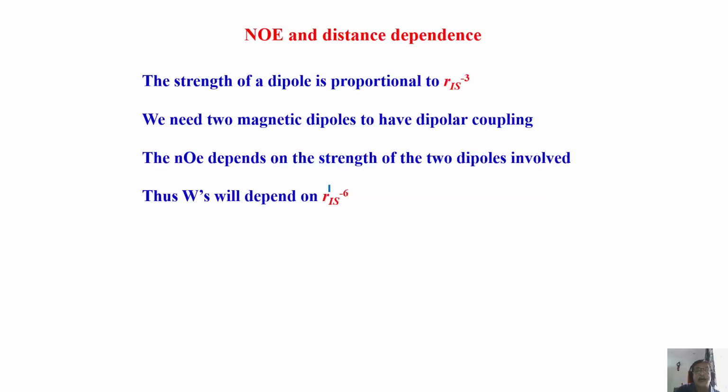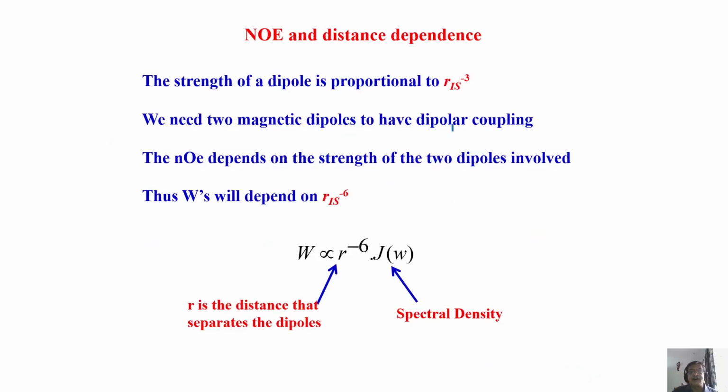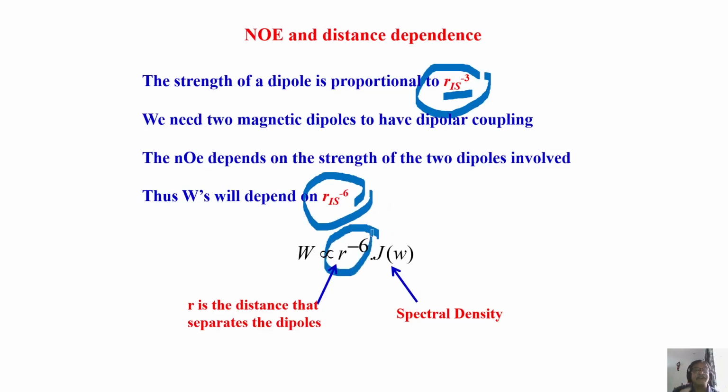Okay. And NOE depends upon the distance also, I told you. The strength of dipole interaction depends upon Rij, and we need two dipoles to have a dipolar coupling. As a consequence, NOE depends upon inverse of Rij cube into Rij cube. It is Rij to the power of 6. So the intensity of our NOE depends upon the inverse sixth power of the distance.